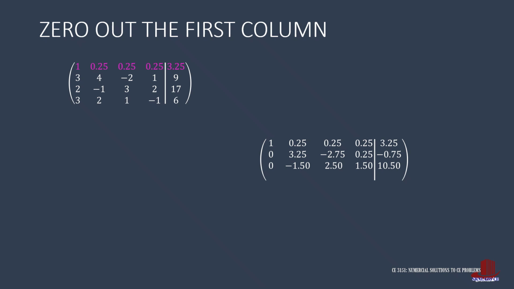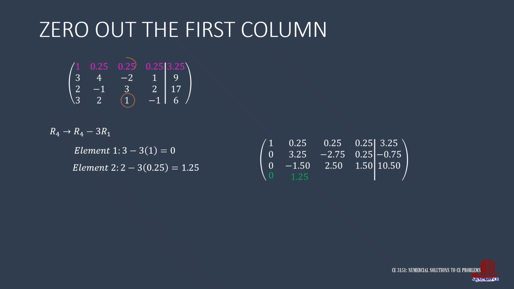To complete the first column, we also need to zero out 3 from row 4. The row operation is R4 less 3 times R1. The first element is then 3 less 3 times 1, which results in 0. The next element has 2 less 3 times 0.25, leaving 1.25.